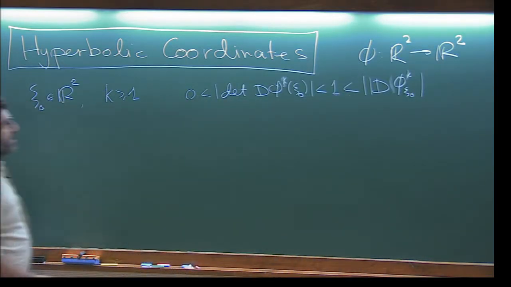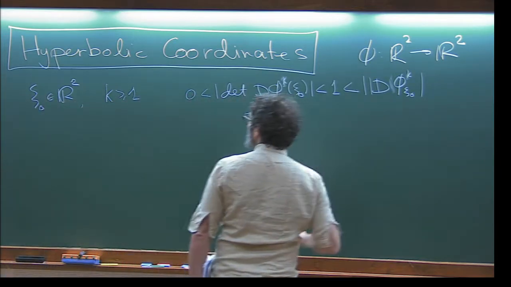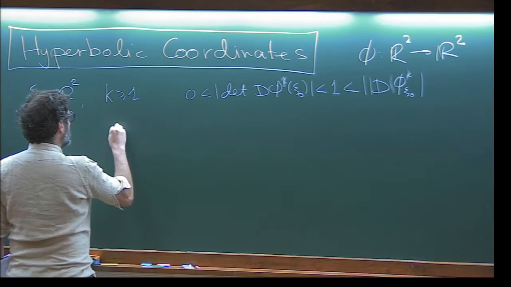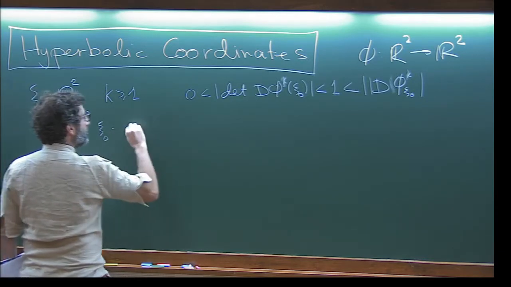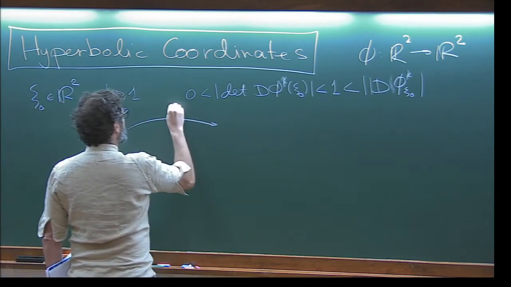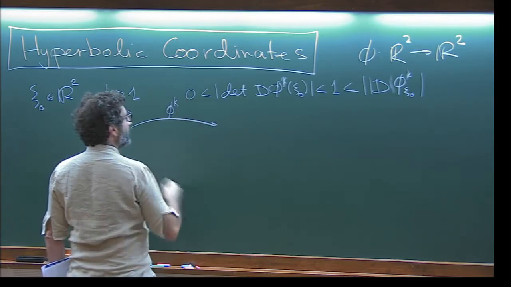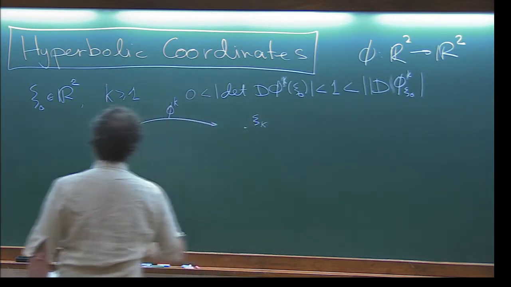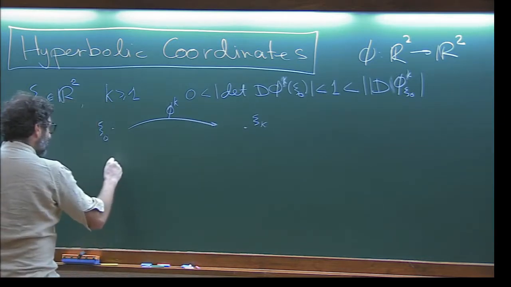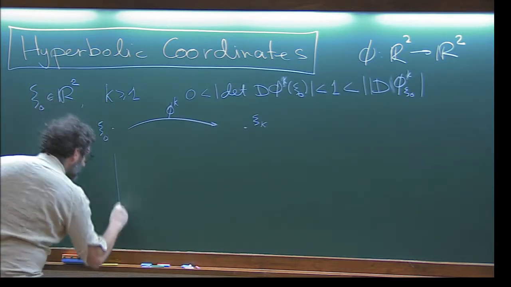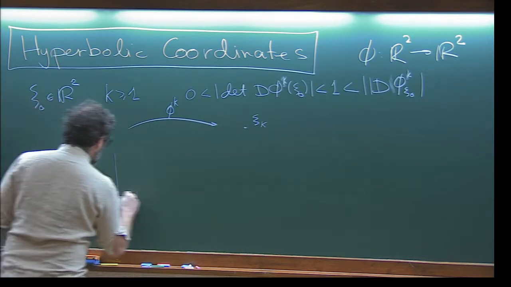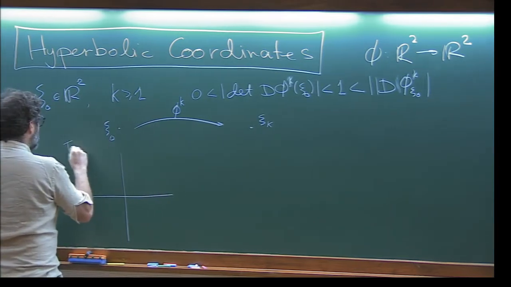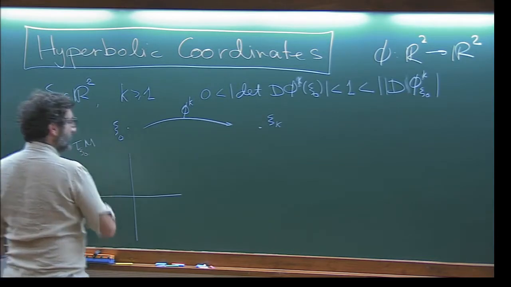This simply means the following. If we look at the point psi 0 here, the map phi k maps it to the point psi k, and then we have the derivative that acts on the tangent spaces. So this is the tangent space at psi 0.